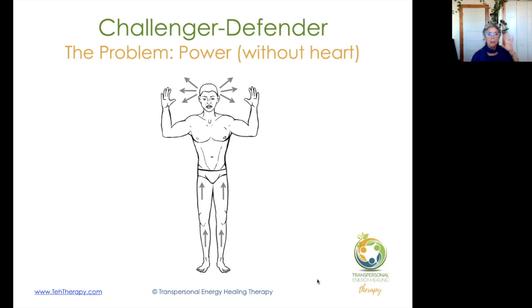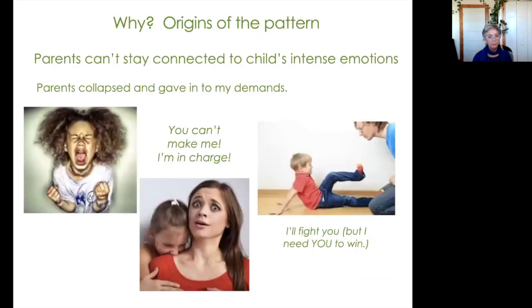So lots of CEOs, lots of political leaders, as you see from all the politics that we have, being broadcast everywhere. So much energy that charge runs up and they can't contain it and they discharge it out at whoever's around. The good news is they have a lot of power, but the bad news is it's not connected to their heart. So let's go to the next slide and see what happened there.